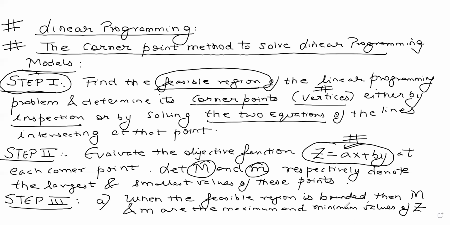A feasible region is said to be bounded if it can be enclosed within a sufficiently large circle. We had done this in the previous lecture.